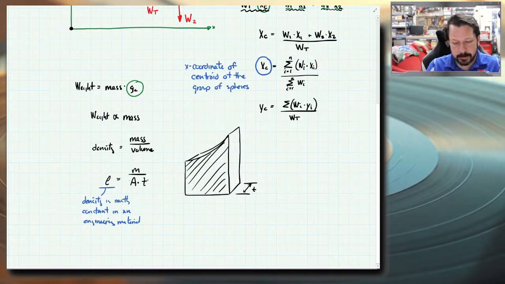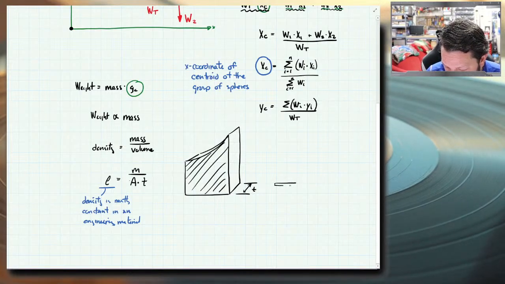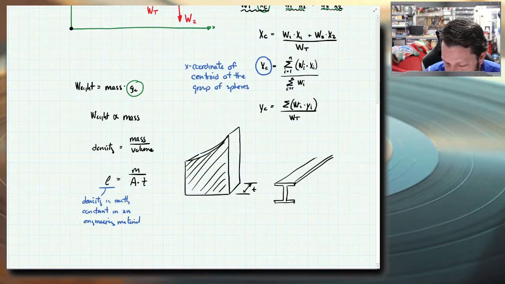So this one does have a little bit more limitations. I can't have things like a sphere, where that's not the way you calculate the area, or a cone or something like that, where it does change cross section from one end of the part to the other end of the part. But in the scope of what we're usually going to be doing this centroid with, we're talking about maybe an I-beam, where it looks like kind of a capital letter I, and it has some length to it, but along that length, it never really changes anything from that cross section.